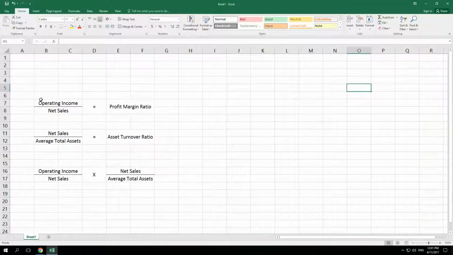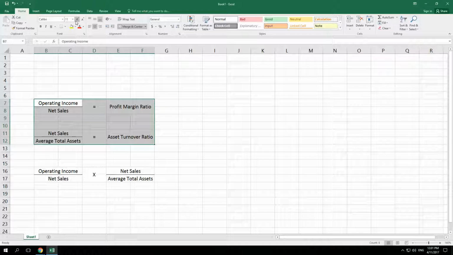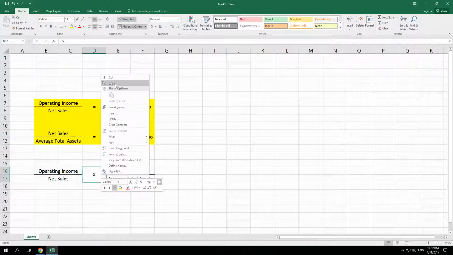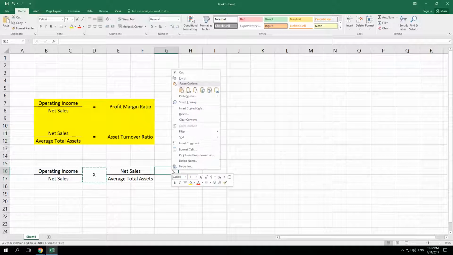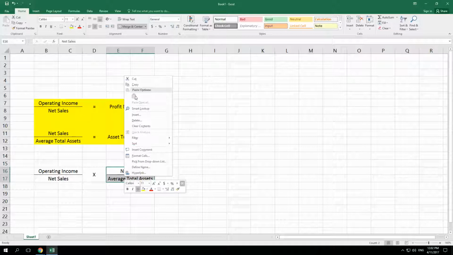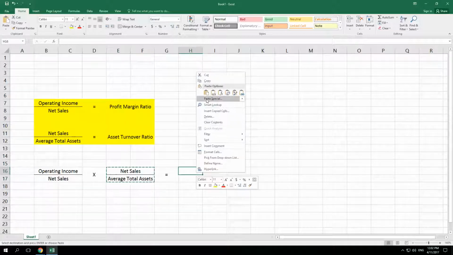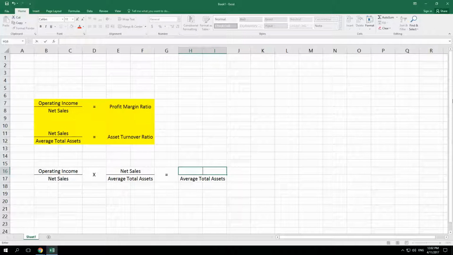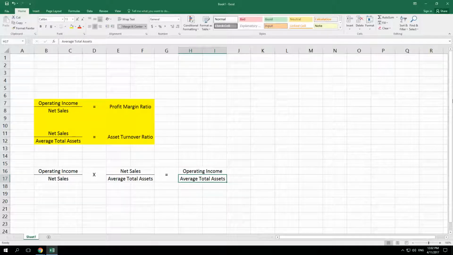That's why you can multiply these two and come up with that same answer, because once we reduce this down, we're going to end up with operating income divided by average total assets.